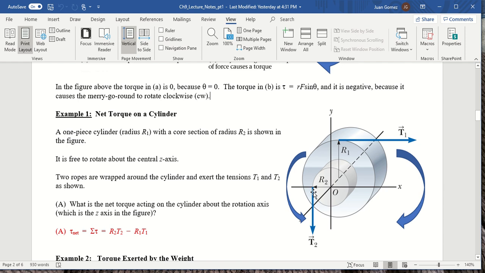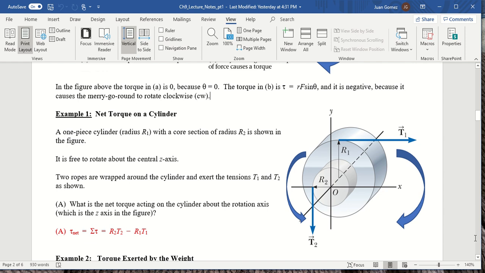Now let's look at the second rope. Well, the tension is T2, and the lever arm is R2. Remember, by definition, the lever arm is the distance from where the force is applied to the rotation axis. Notice again, the angle between T2 and R2 is 90. Sine 90 is 1. We don't need to reinvent the wheel. And remember, the cylinder is free to rotate about the central z-axis.